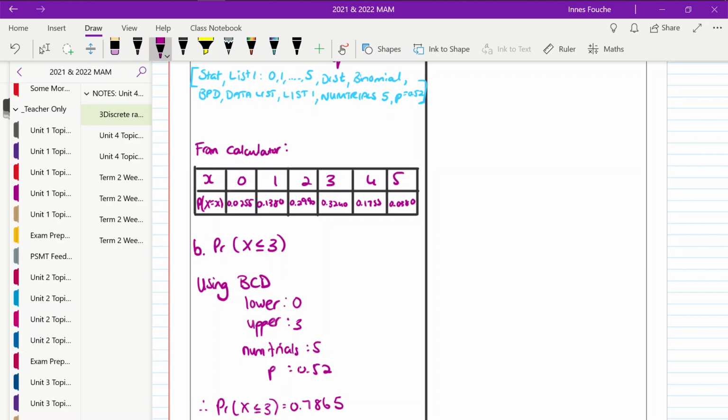Okay, now if you added 0.0255 plus 0.1380 plus 0.2990 plus 0.3240, you should get exactly the same. You could also have used one minus the probability of X being greater than 3. You would have got the same answer.